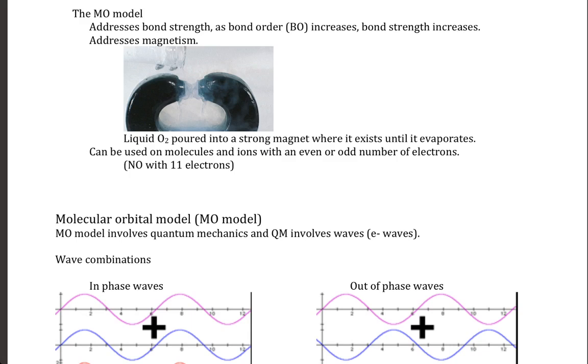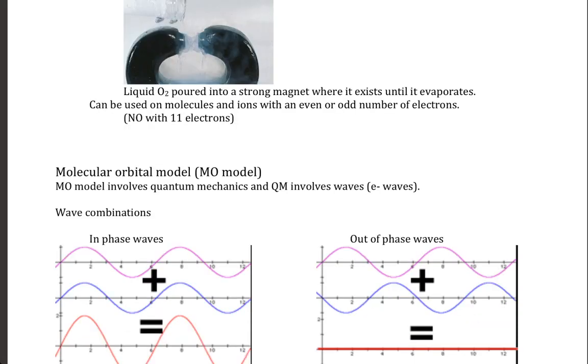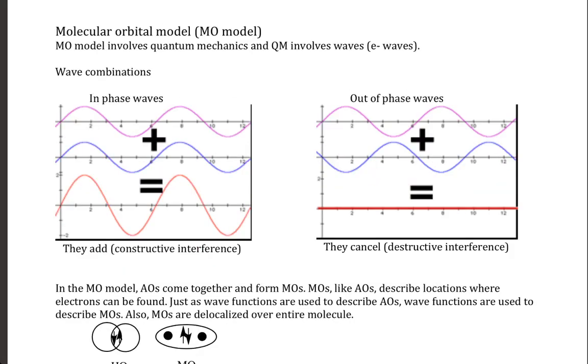The molecular orbital model can be used on molecules and ions with an even or an odd number of electrons. For example, it can be used with NO, which has 11 valence electrons. The hybrid orbital model does not address odd electron molecules. Okay, so the molecular orbital model offers a lot more, which means it's a little more complicated, definitely.